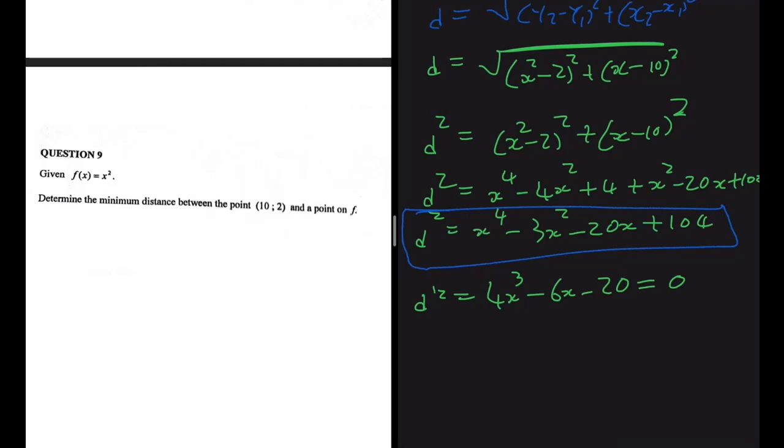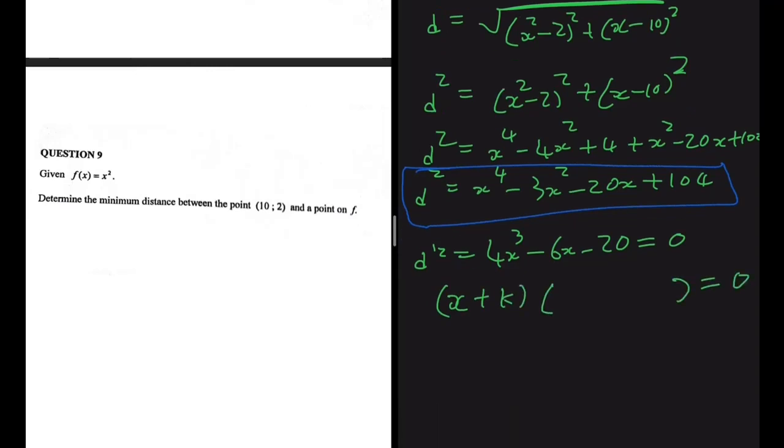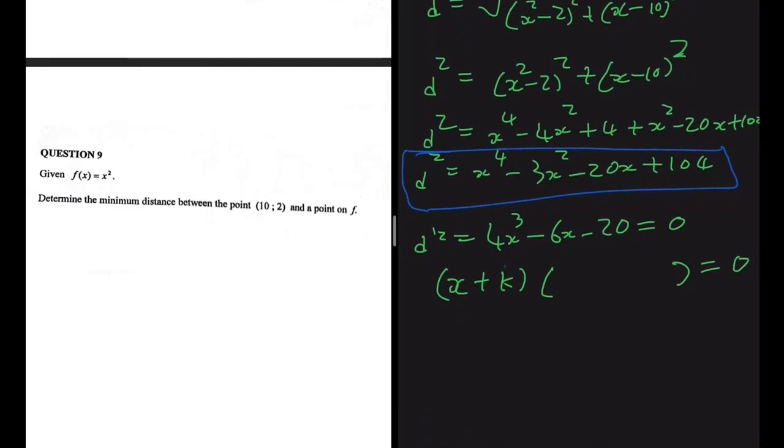So when we solve something like this, we are always going to have a bracket that says x plus some number k, right, multiplied by a quadratic function being equal to 0. The way you solve this, you start with this bracket, and you use trial and error, trying a few values until you get 0.